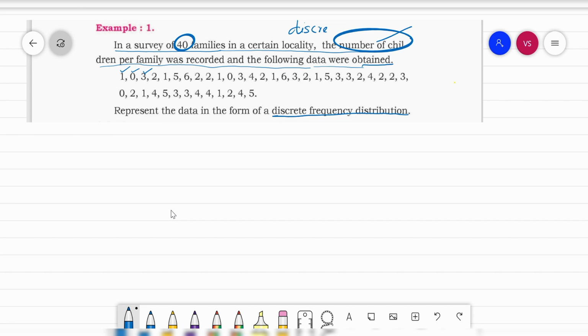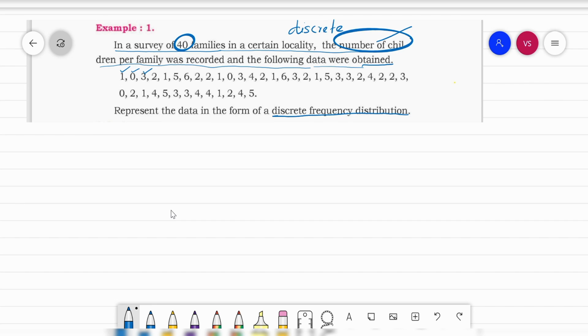Why do you say it is discrete? Because by nature the values of number of children per family will never be in fractions or decimals. They always will be whole numbers, in integer form. And at the same time, the values will not be many, the range of those values will be very few.